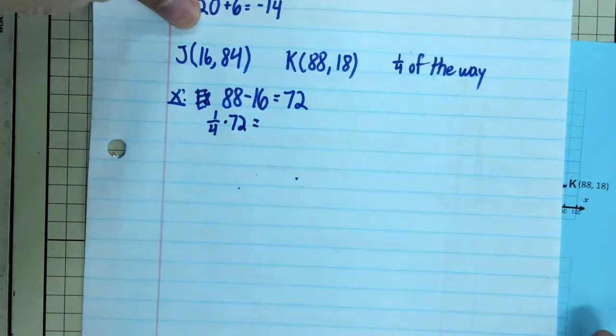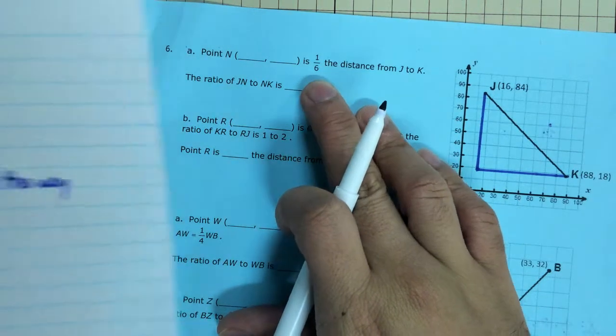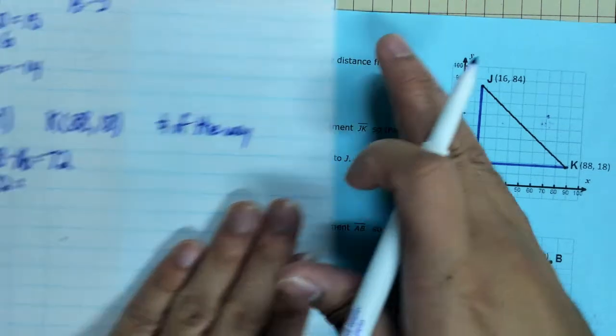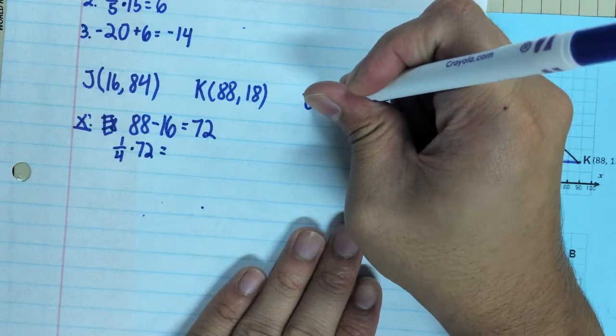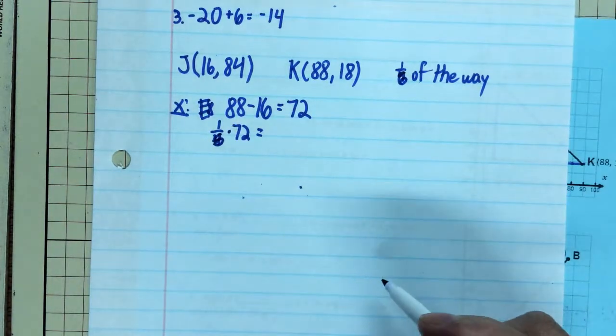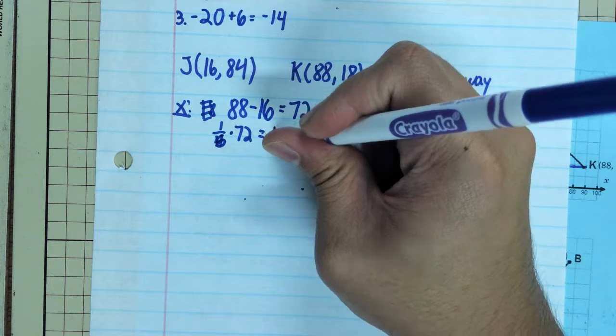I'm just double checking my fractions here. Okay, I apologize again. It's not 1/4, it said 1/6. So this should be a 1/6. So 1/6 of 72 gives me 12.